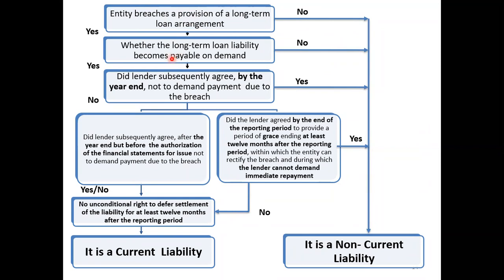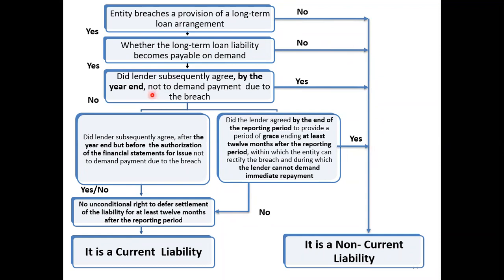Whether the long-term loan liability becomes payable on demand. Whenever they ask, they have to give the money. If the answer is no, it's a non-current liability. If the answer is yes, they have to go to this criteria.